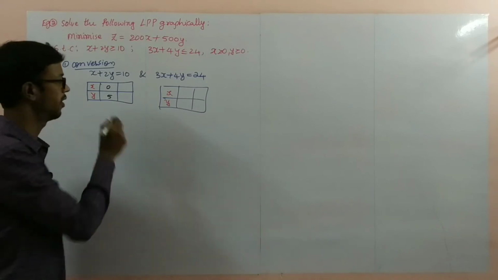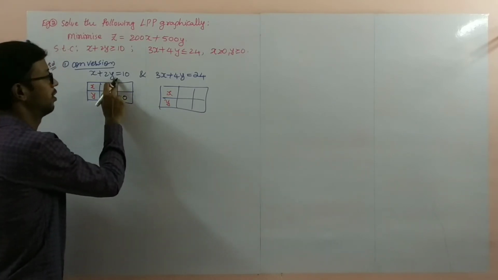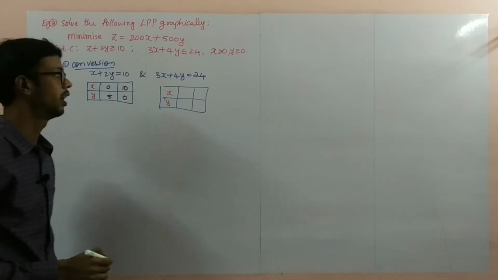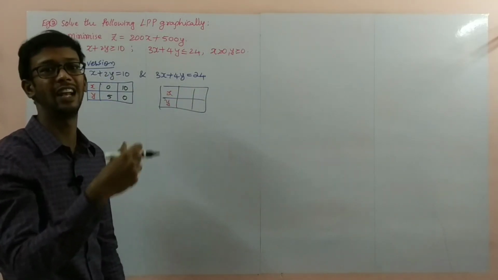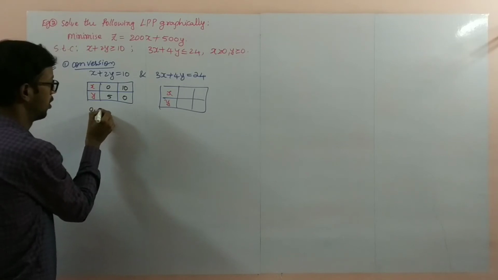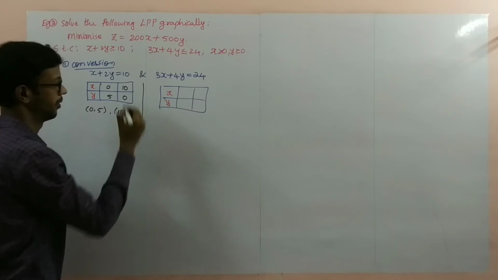Substitute y equals 0, you will get x equals 10. Immediately simplify this also, because it will be easy for making the graph scale. So first I will write these points: 0, 5 and 10, 0.